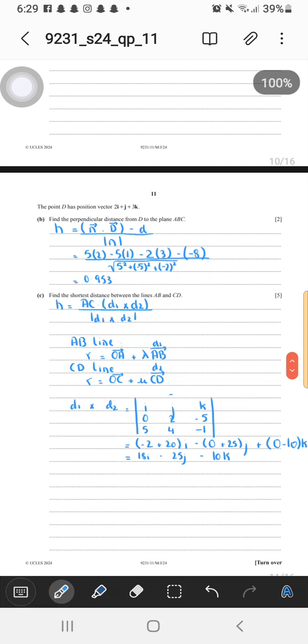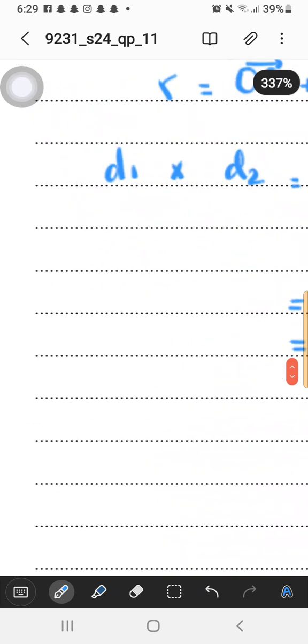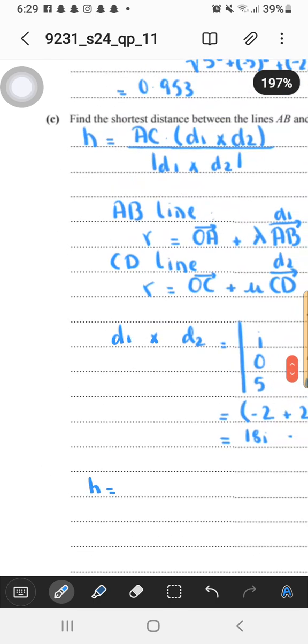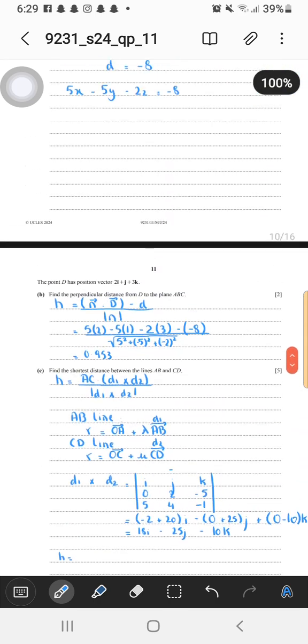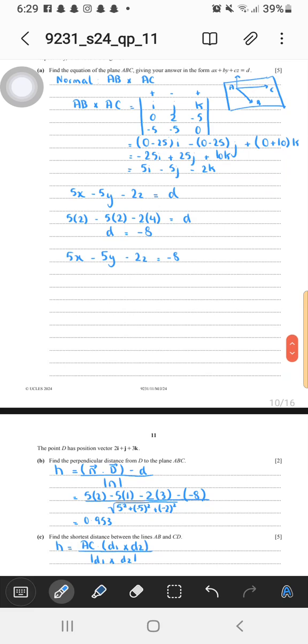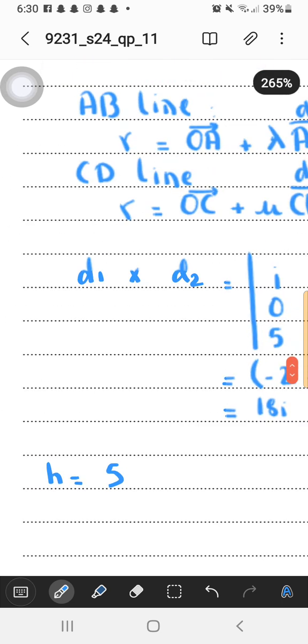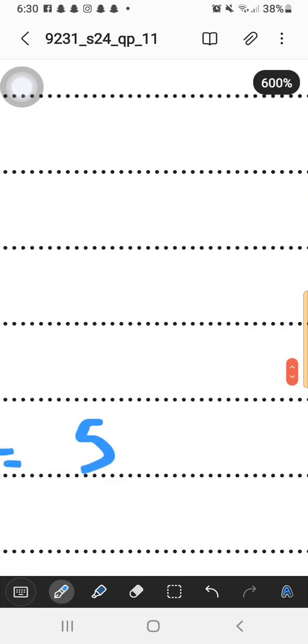So we are ready with our direction, D1 cross D2. We have AC. Now we can find the height, the shortest distance. H is equal to, what was AC? Let me confirm that I'm going correct.